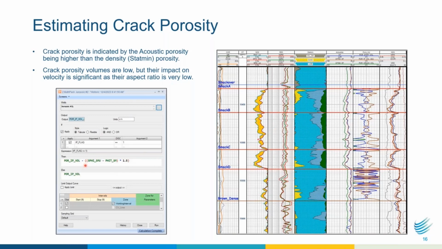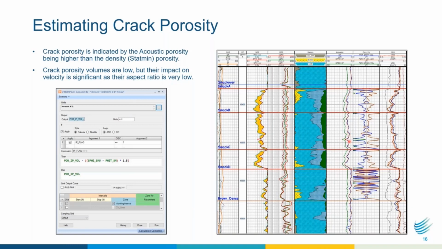That way we compute the volume of crack porosity, because that's the way the program does it: you convert the porosities to a percent, and if it's 80% reference porosity, 15% stiff porosity, then 5% of that ends up going to crack porosity. So that's how we calculate the volumes of crack porosity.